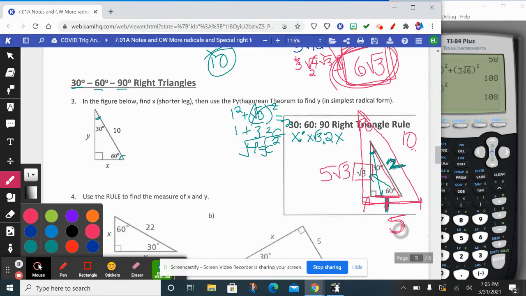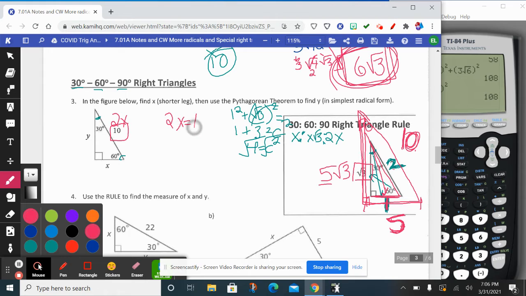So whatever your shortest side is, meaning the one opposite your 30-degree angle, we look to the hypotenuse and we double that. Then we take the longer leg and we multiply it by radical 3. So how that works here is that this hypotenuse is equivalent to twice x.